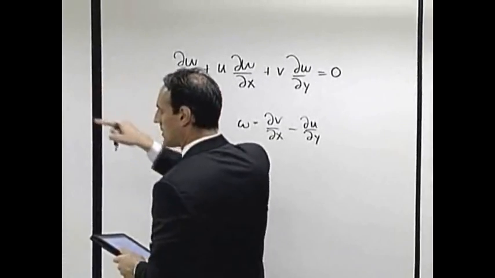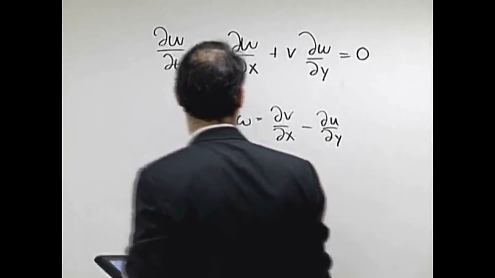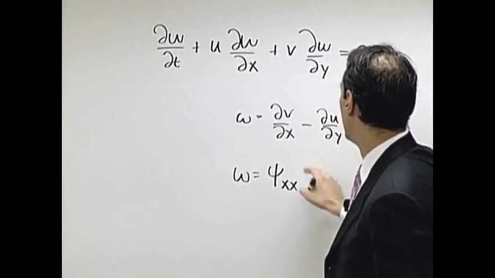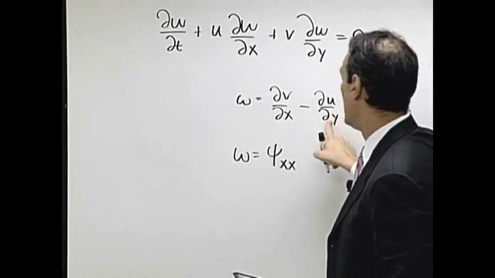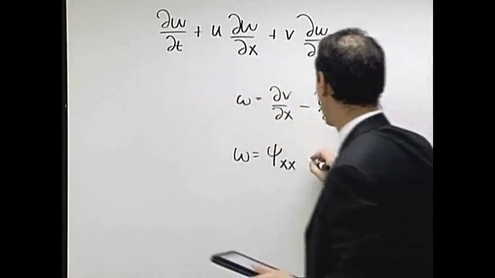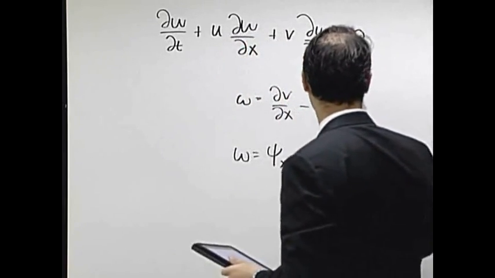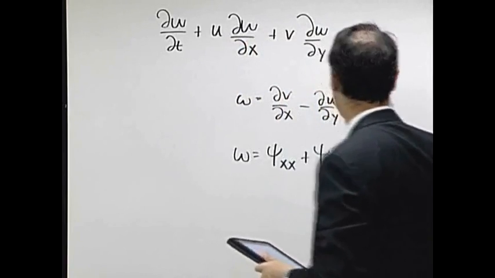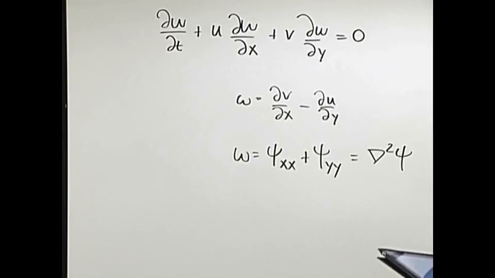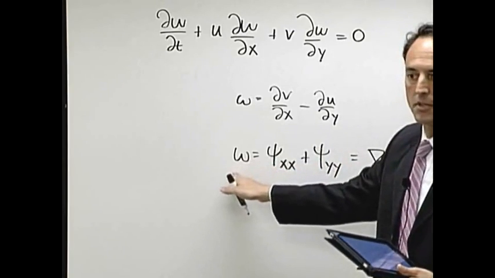Well, v is psi_x, so that's going to give us psi_xx, minus du/dy. Okay, so I take the u there, which is negative psi_y, so the negative and a negative makes a positive. I get this, which is the Laplacian, and there you are. Okay, so the Laplacian of the stream function is equal to the vorticity.